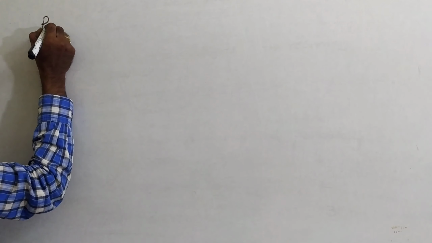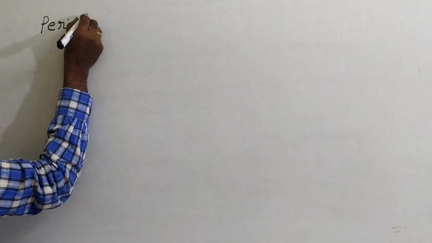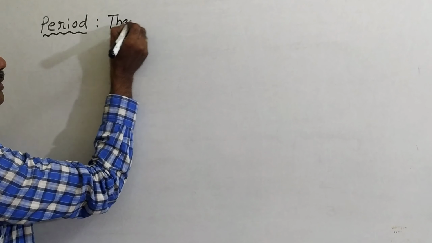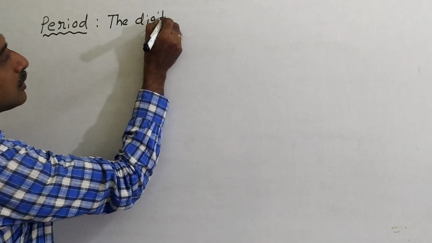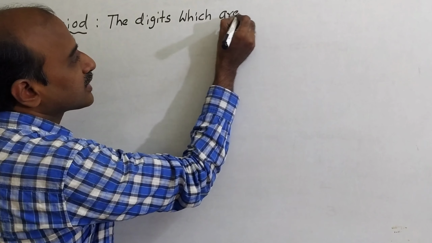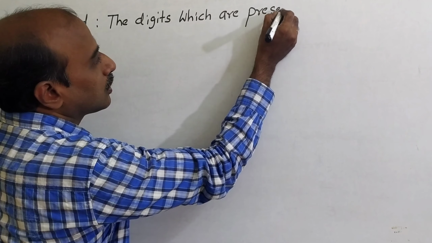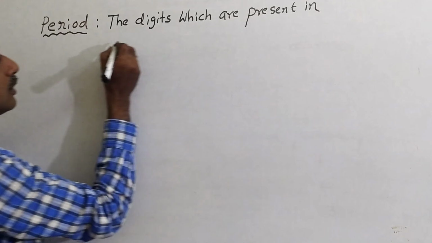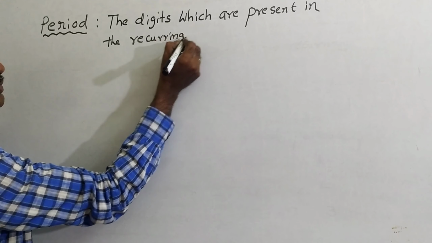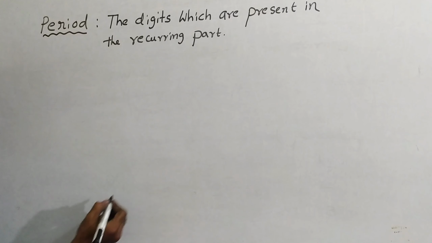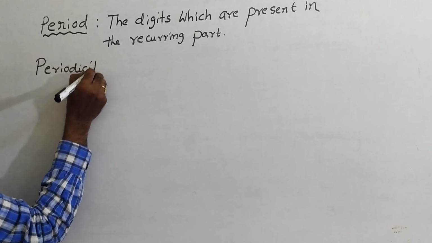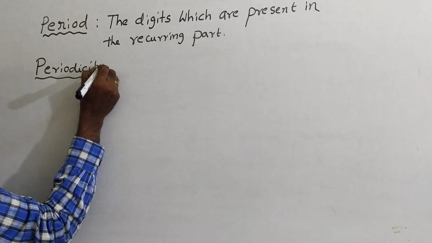Come to period. What is the period? The digits which are present in the recurring part. Okay, now come to the periodicity. What is the periodicity?